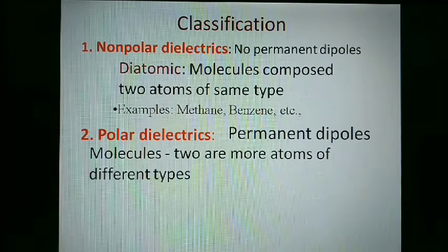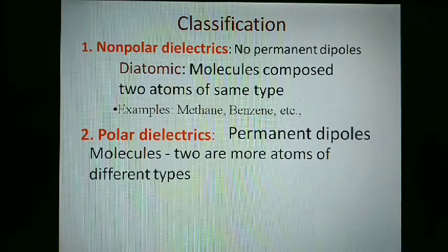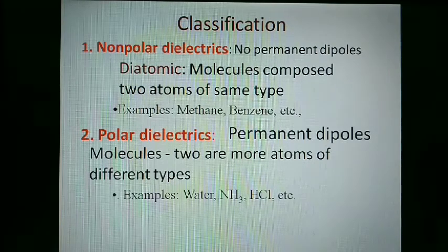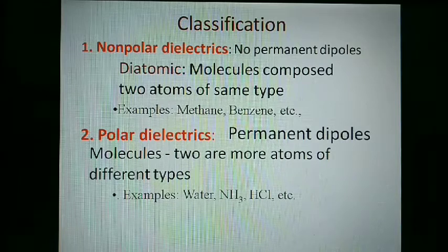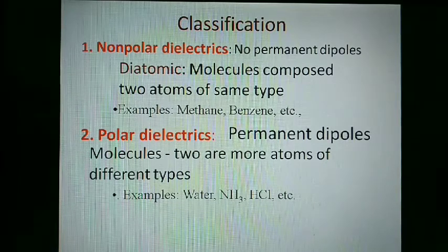That is because of the thermal agitation. However, when the field is applied, they all orient in the direction of the electric field. There are few examples of polar dielectrics like water, ammonia, HCl, etc. So these are the materials showing this kind of property.